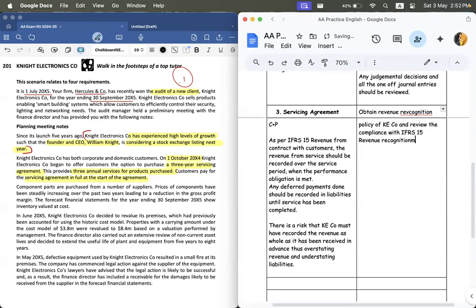Clear? Now, you don't stop there. Ensuring that the contract revenue is recognized over the contract period and not when the revenue has been received in advance. Clear? Understood?